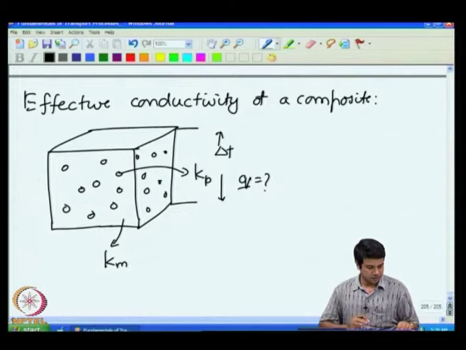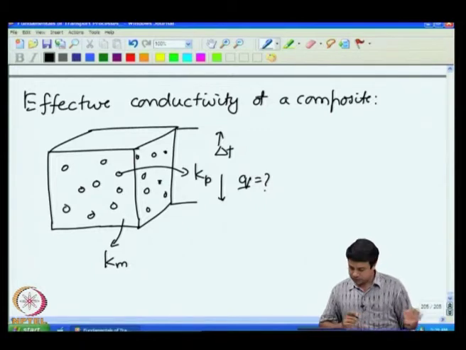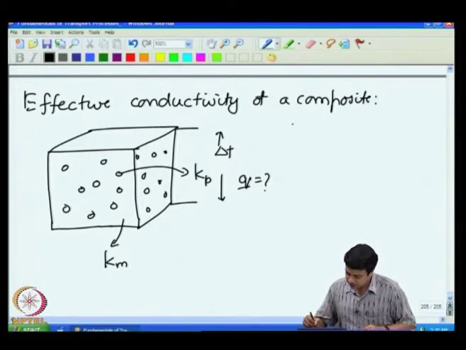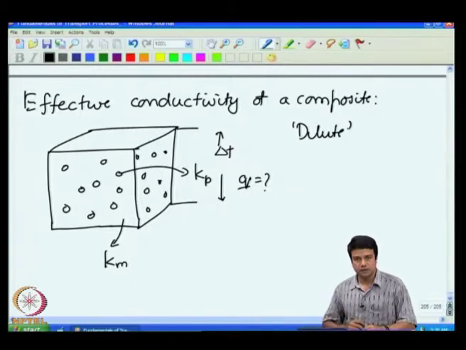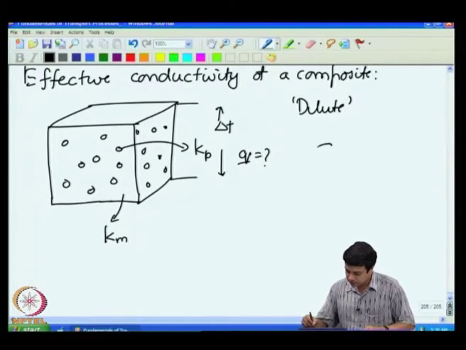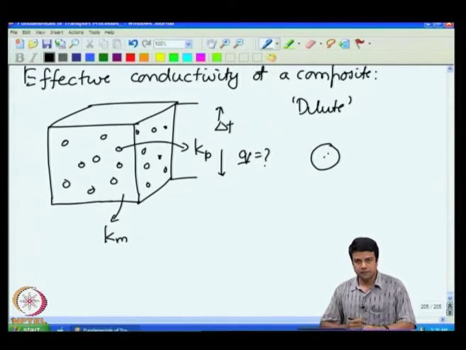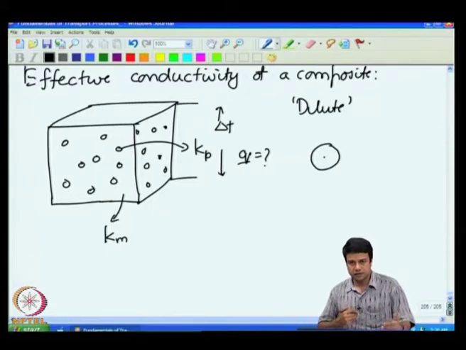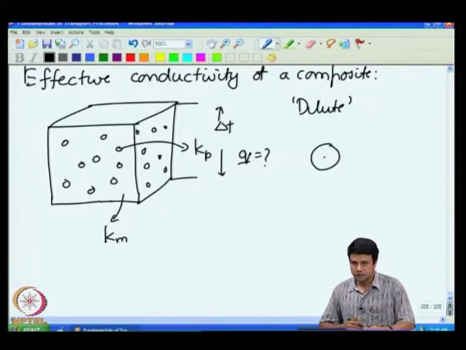Now, we will solve this equation for the particular case where the composite is what is called dilute. Let me try to explain what that means. If I have a spherical particle and there is a temperature difference across this particle, then the flux lines through this particle will depend upon whether the particle is more or less conducting than the matrix.